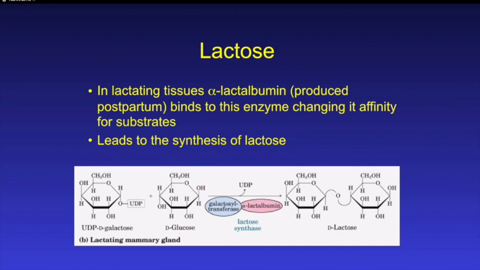And so the specificity of the reactants with this combination is glucose and the UDP-galactose. It'll facilitate UDP coming off and creating a linkage to create the sugar lactose. And this lactose will be produced for a short period of time.